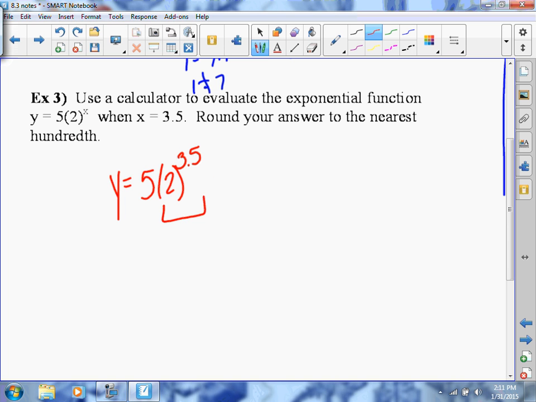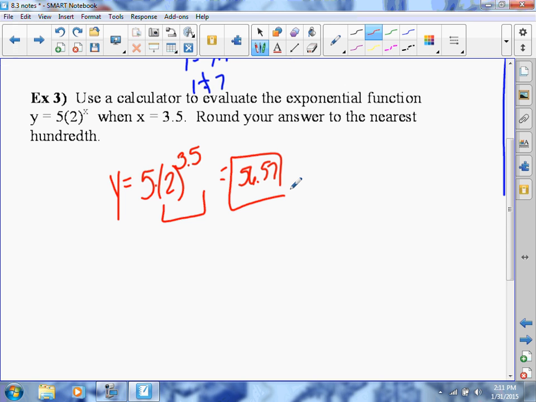So if you do 2 to the 3/5 power, hit enter, get an answer, multiply that answer by 5, and you should get 56.57 to round. Now they don't tell us what it is. It's just a student score, so we can just leave it like that. We don't need a label on it for this one.